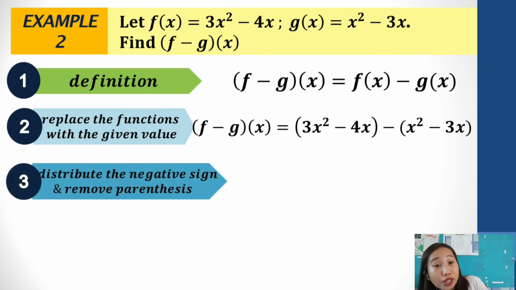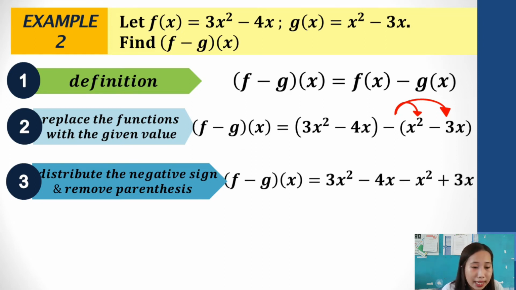So, for our third step, distribute the negative sign and remove the parentheses. So, kung ano yung ginawa natin kanina, gagawin na naman natin dito ngayon. So, distribute the negative sign. So, i-distribute natin siya to x squared minus 3x. Magiging negative x squared plus 3x.